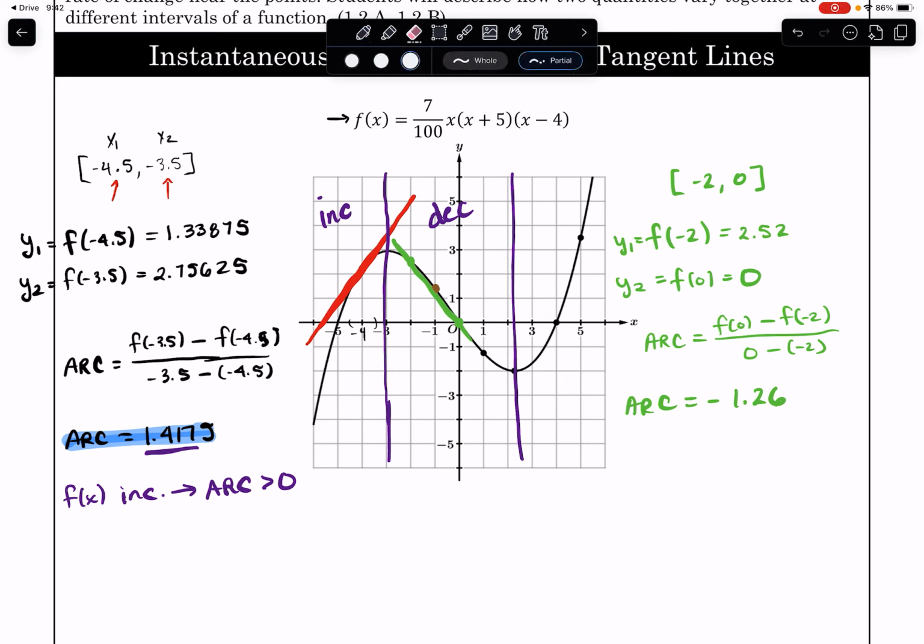So we can approximate that the average rate of change of the line that intersects only at this location right there, at this dot right there, is going to be approximately this value there.